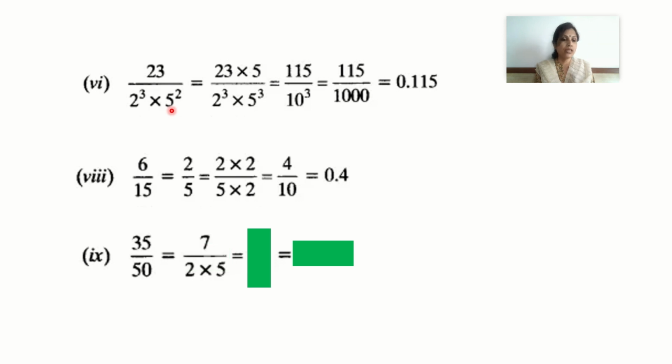We have reduced it to lower terms, and 7 by 10, 0.7 is the answer. Last two were very, very easy. And this is how you have to do. And if you want, you can directly do our normal division method which we have learnt in our lower classes and find the decimal expansion. Okay, let's move to the next sum.